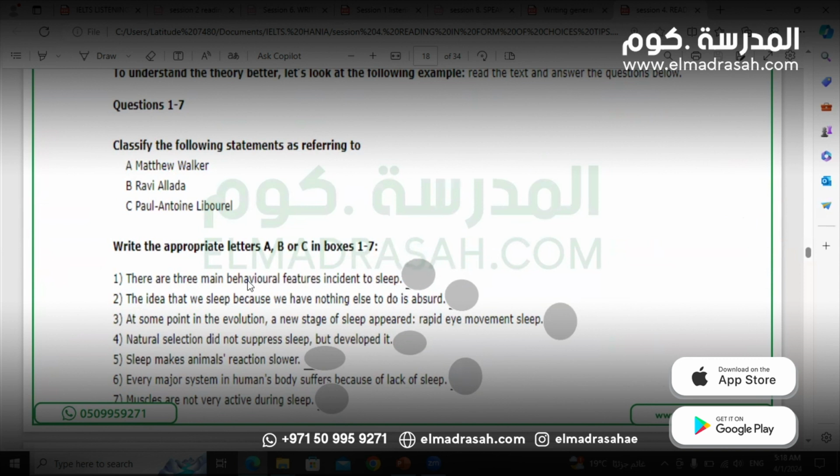For example, this sentence is said by Ravi Alada, so I will write B here. I will search for the keywords or their synonyms in the passage, and once I find this statement in the passage, I will search for the person who said it, and I will find Ravi Alada. So I will choose B, Ravi Alada. So this is the technique of classification. Okay.